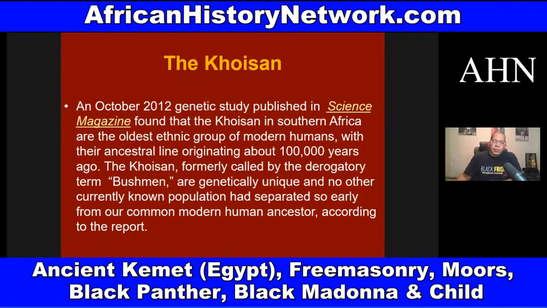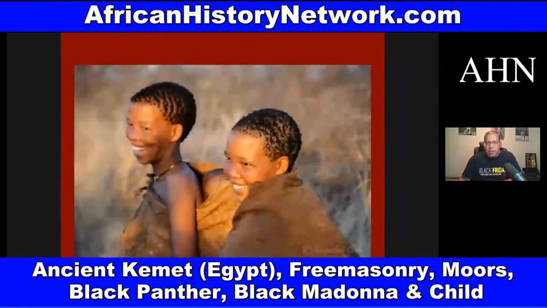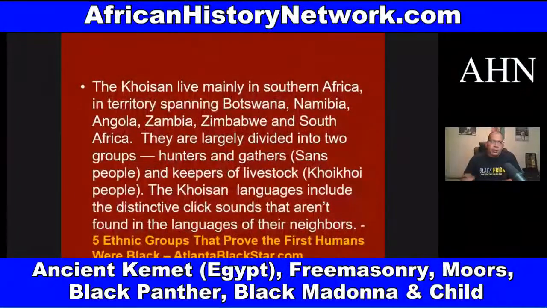You may also hear them referred to derogatorily as pygmies. These are the Khoisan. That's a derogatory term. And they're the ancestors to the Ainu and the Twa. Here are some Khoisan women. The Khoisan live mainly in Southern Africa in territory spanning Botswana, Namibia, Angola, Zambia, Zimbabwe, and South Africa.